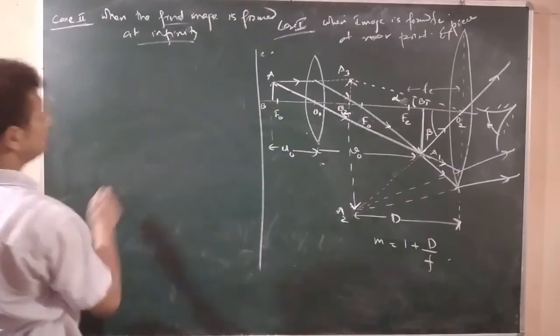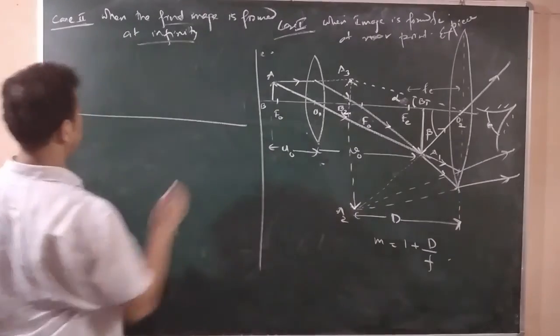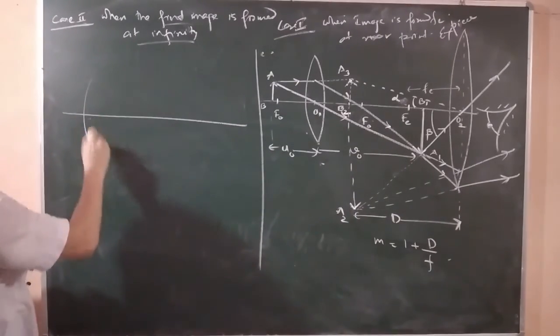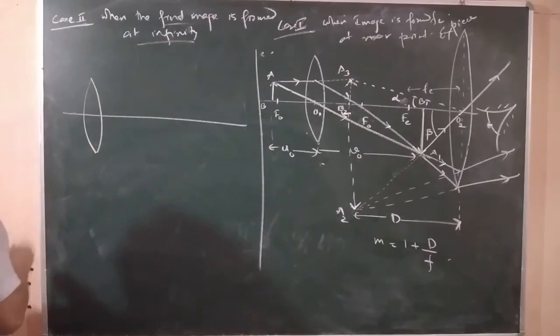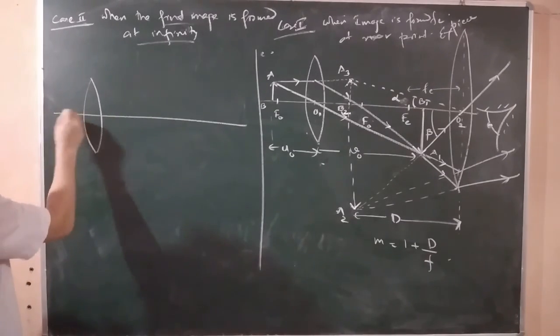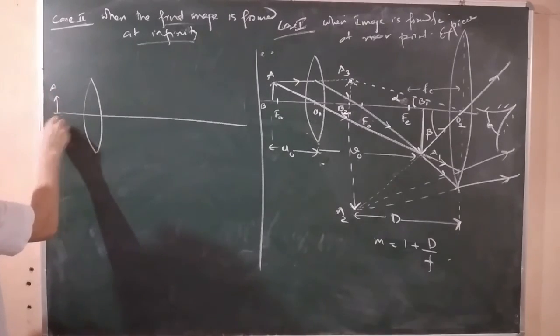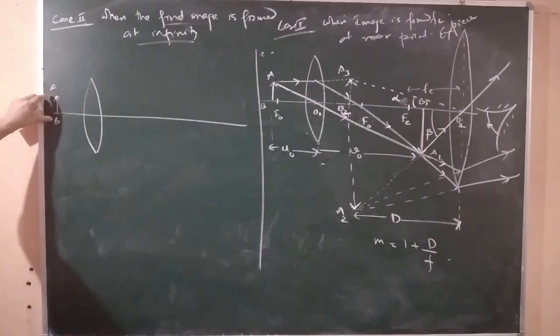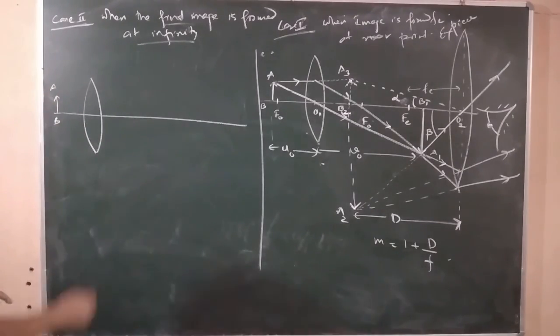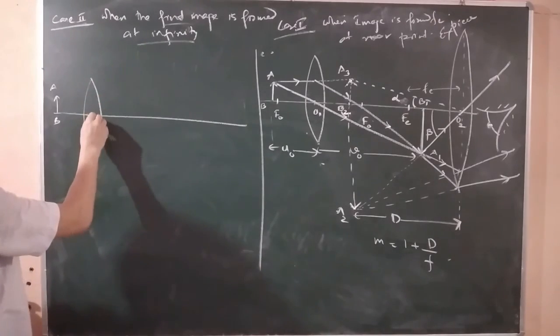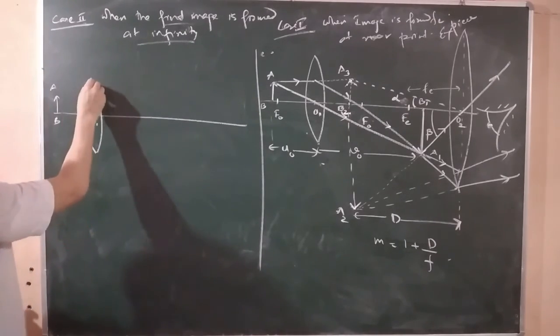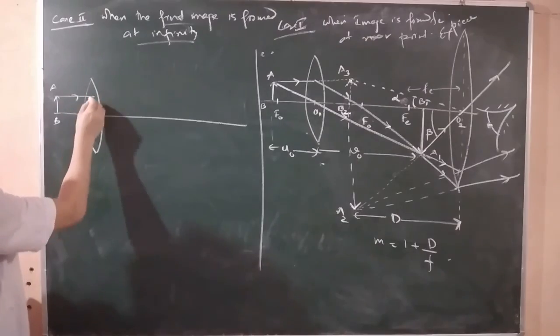So this is the axis, a lens, the objective lens. As before, it has to be placed away from the focus. AB is the object which is placed just away from the focus of the objective, O1.